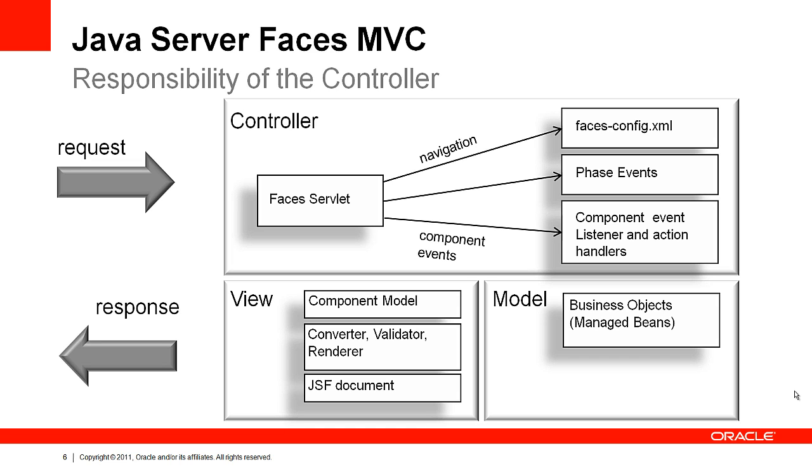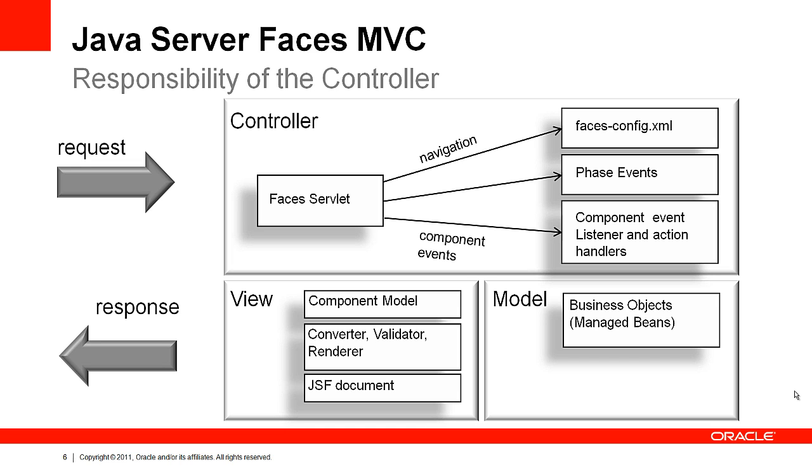The view is where the component sits, but the component has an association to the model, and this is through the component model. The simplest component model is a setter and getter, which you can express in a managed bean. More complex components have more complex models, like a tree or a table.